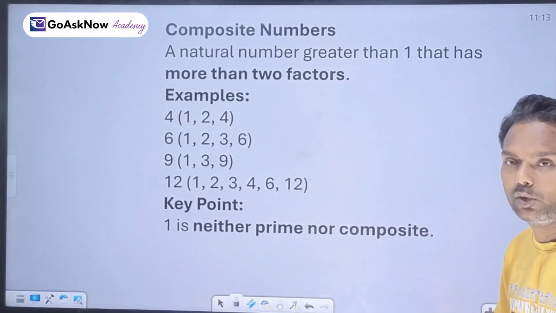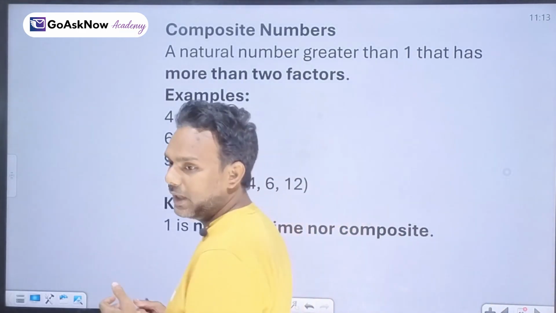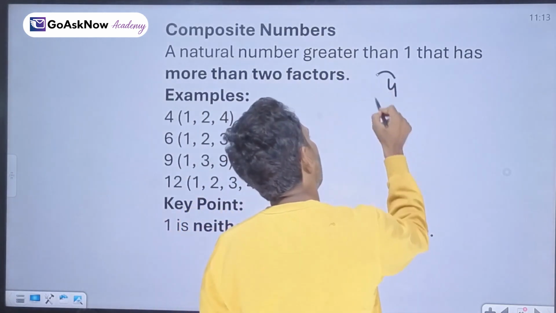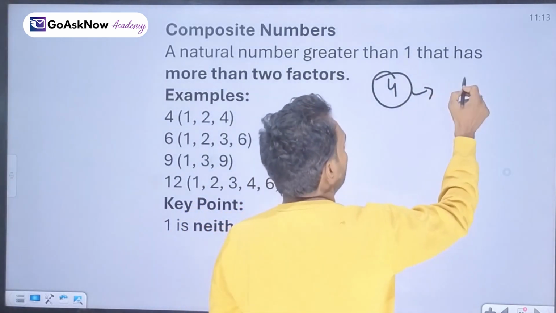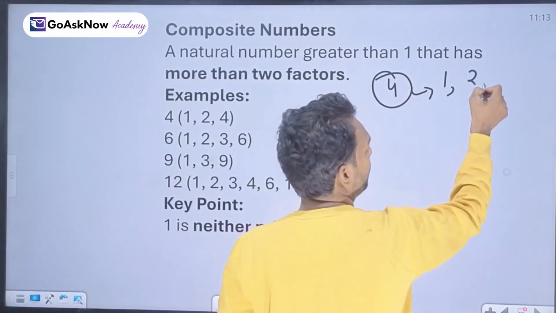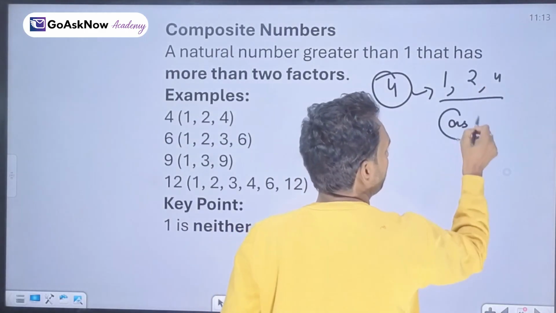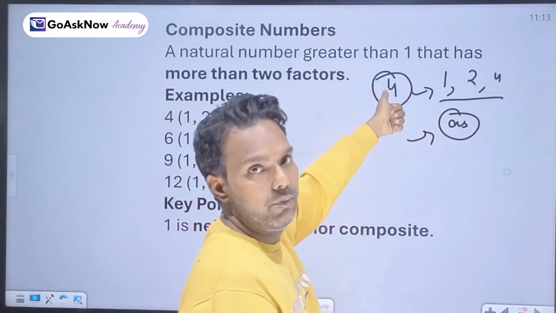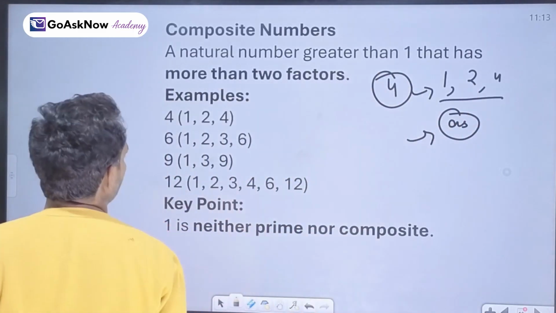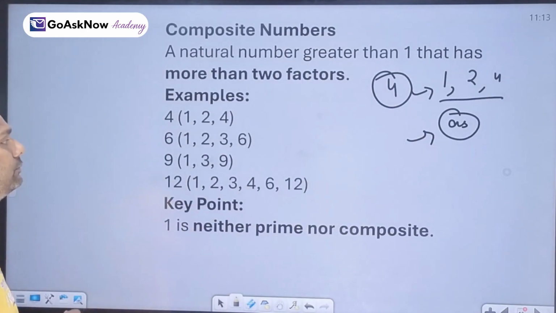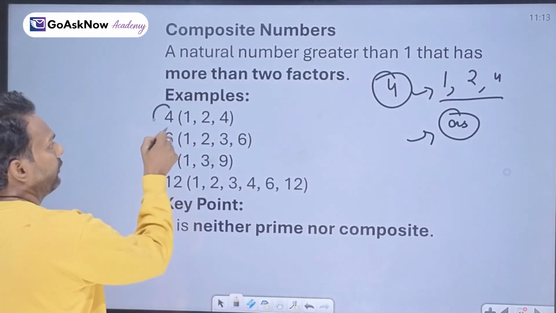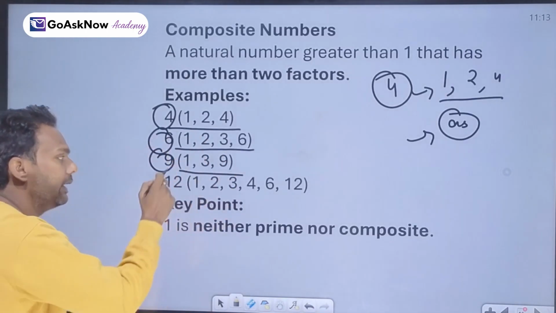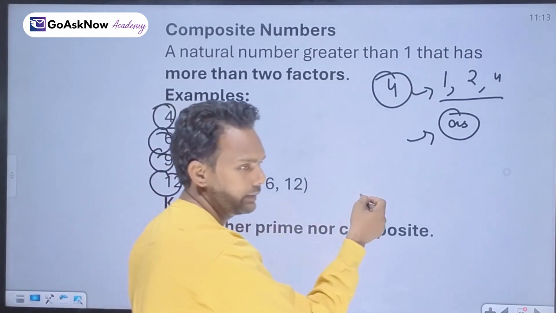What are composite numbers? Composite numbers are natural numbers which have more than 2 factors. 4 is the smallest composite number because it has 1, 2 and 4 as factors, meaning all 3 numbers can divide 4. 4 has the factors 1, 2, 4; 6 has the factors 1, 2, 3, 6; 9 has the factors 1, 3, 9; 12 has the factors 1, 2, 3, 4, 6 and 12.